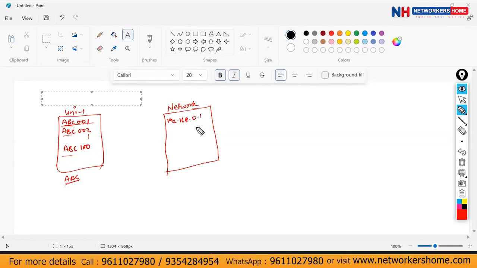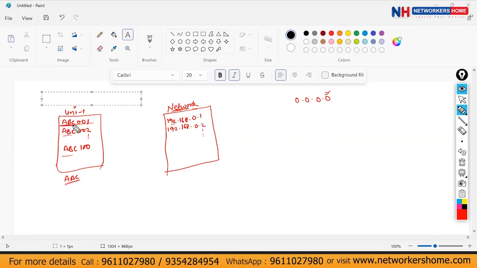Then the second IP would be 192.168.0.2, because yesterday we saw that the range increases, and first the last octet will increase. So these addresses will keep going on like this. In the address also, there will be a part defining the network and a part defining the system, the address of the system.